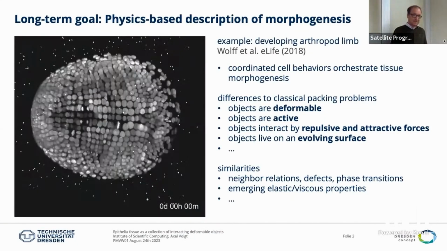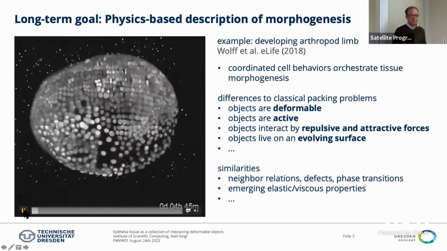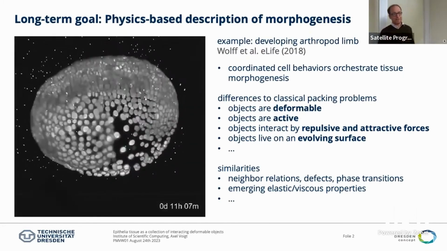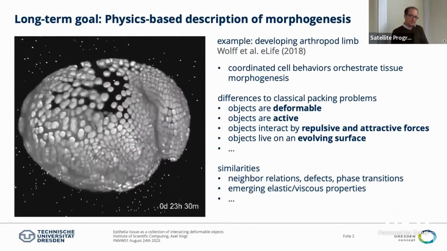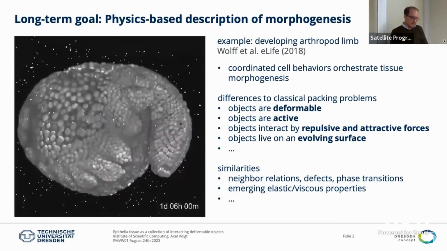What I'm interested in is to describe morphogenesis, to discover some physics which drives morphogenesis. So here's just an example for one of these processes. What we see there are cells, or to be more precise, the nuclei of cells in a developing limb.